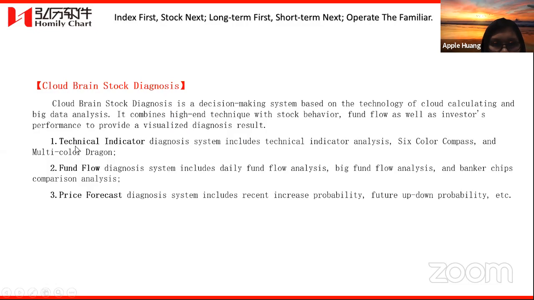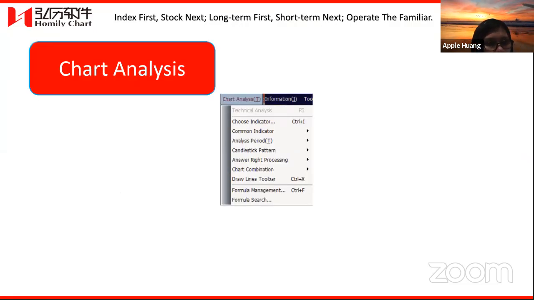It will be based on these three aspects to do the stock diagnosis: based on the technical indicator, to see whether there are strong funds inside, and then it also uses the fund flow and price. It also gives a forecast of the target price. All right. Okay.